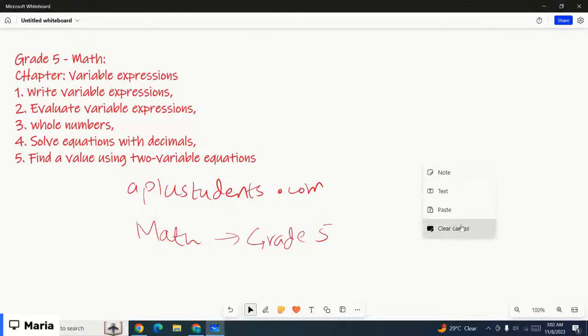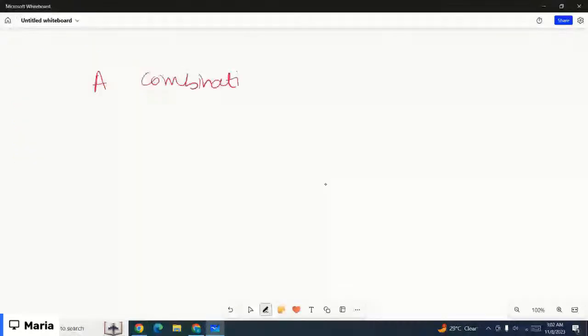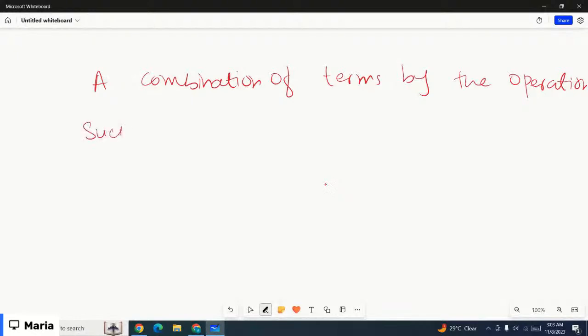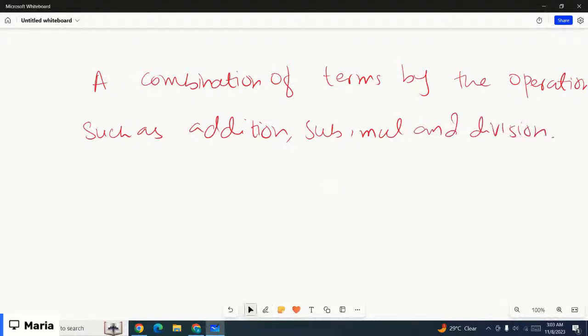A combination of terms by the operations such as addition, subtraction, multiplication and division, right? So this is the definition of the variable expression.